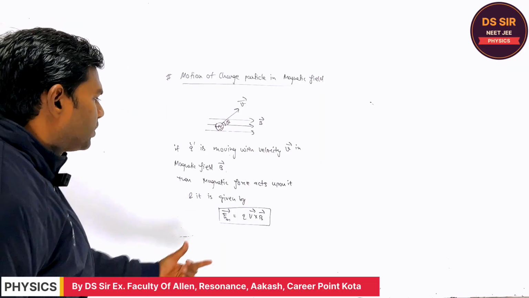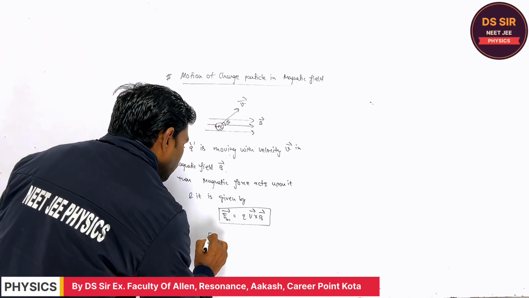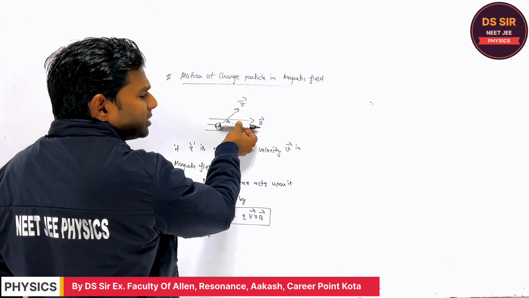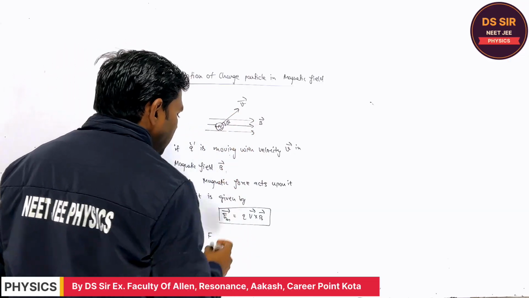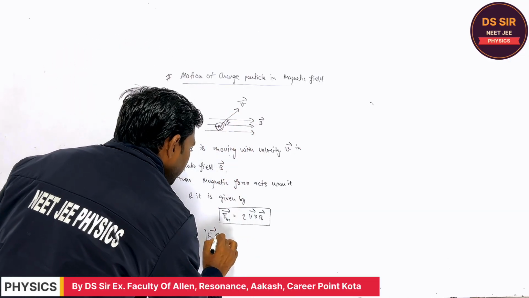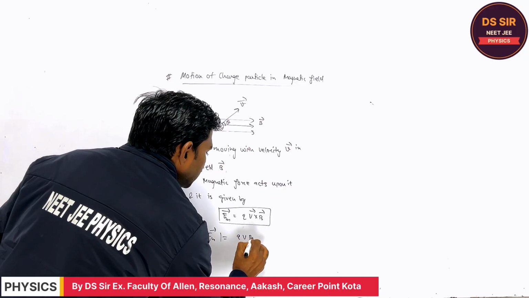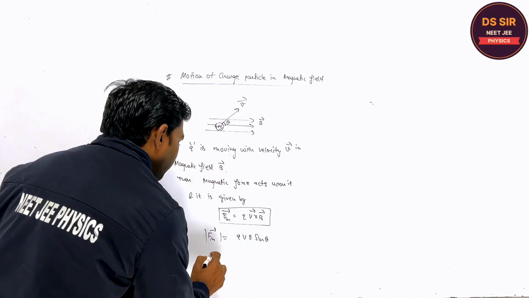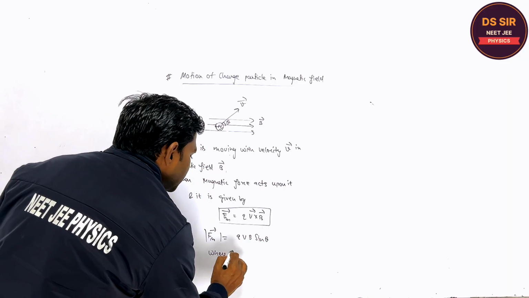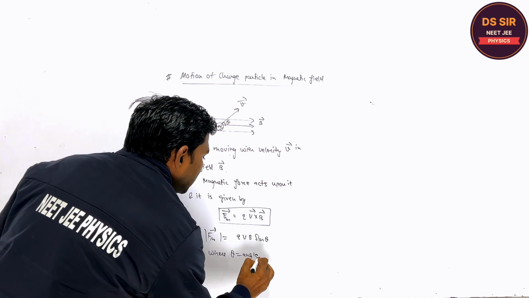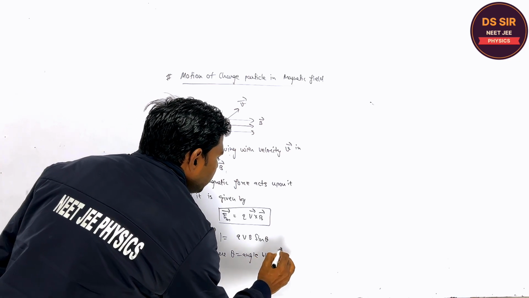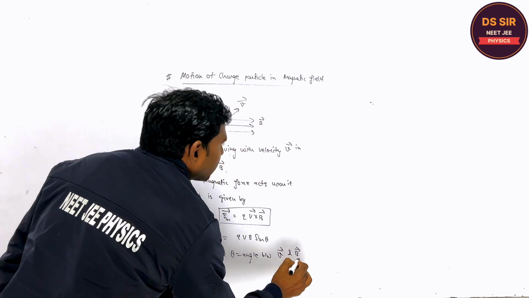Is it clear or not? Suppose this is the velocity V and this is the magnetic field B at angle theta. Its magnitude is QVB sin theta, where theta is the angle between the velocity vector and the magnetic field vector.